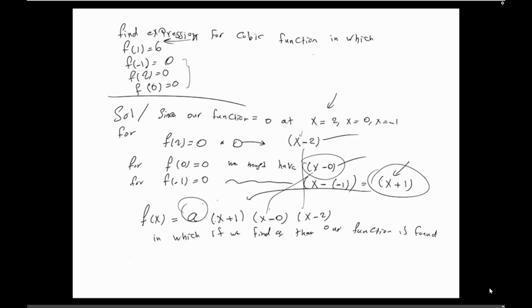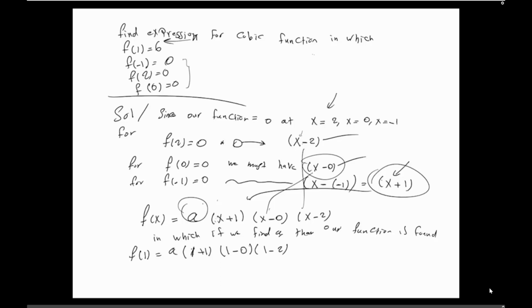Let's type in over here f of 1 is equivalent to a of 1 plus 1, and then 1 minus 0, and then 1 minus 2.